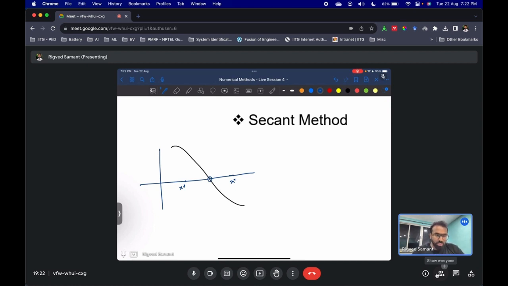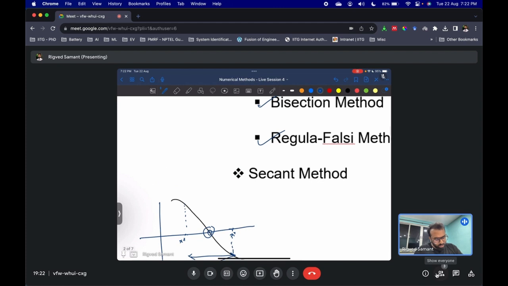So we'll start with this premise, and it is called bracketing because the guesses are considered such that they bracket the actual solution. That is why it is called a bracketing method.